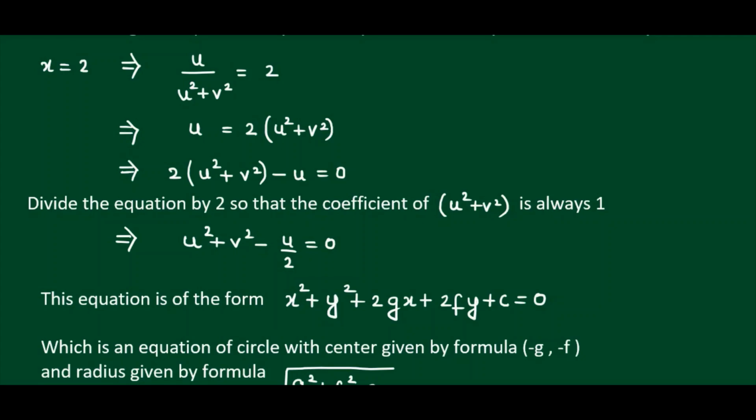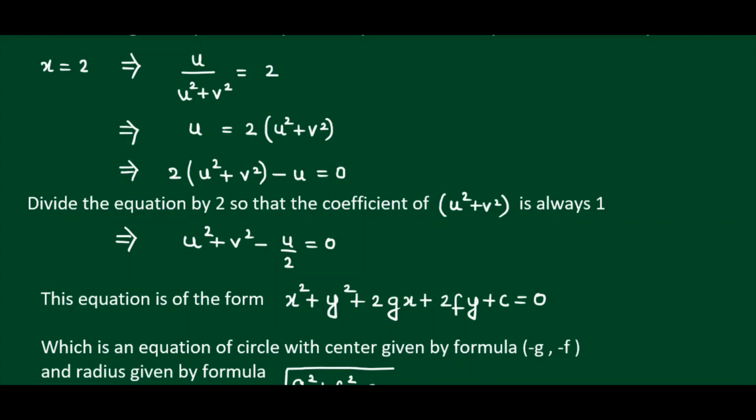You get this equation. But you will not know what this equation is unless you understand what it represents. Here, divide the equation by 2 so that the coefficient of u square plus v square is always 1, because we are going to compare this equation with another equation which you have studied earlier. So you will get u square plus v square minus u by 2 equal to 0.